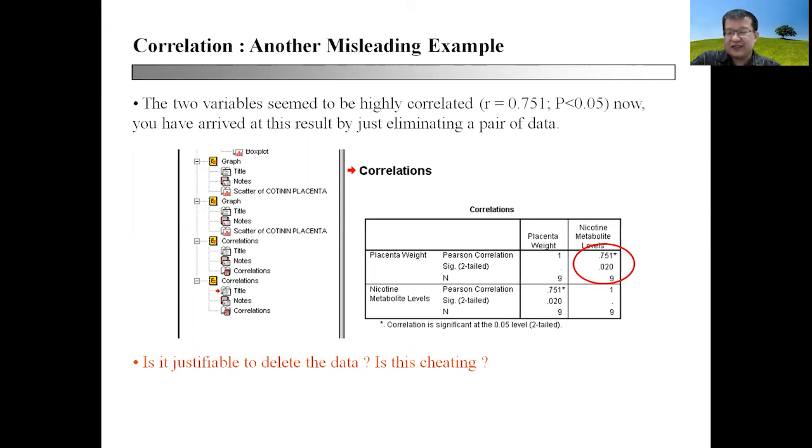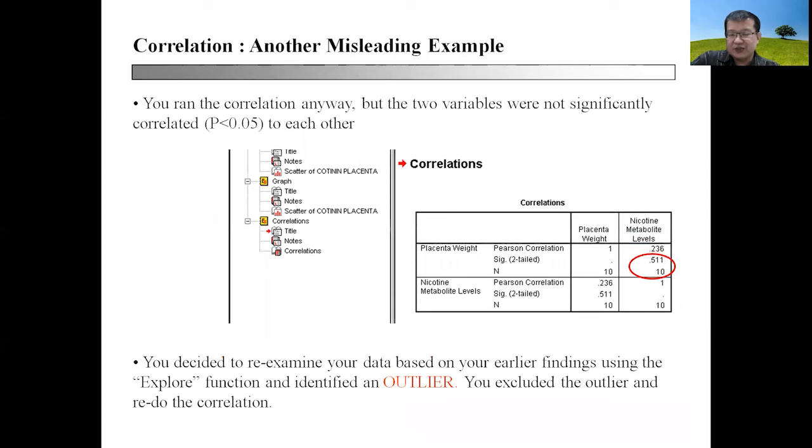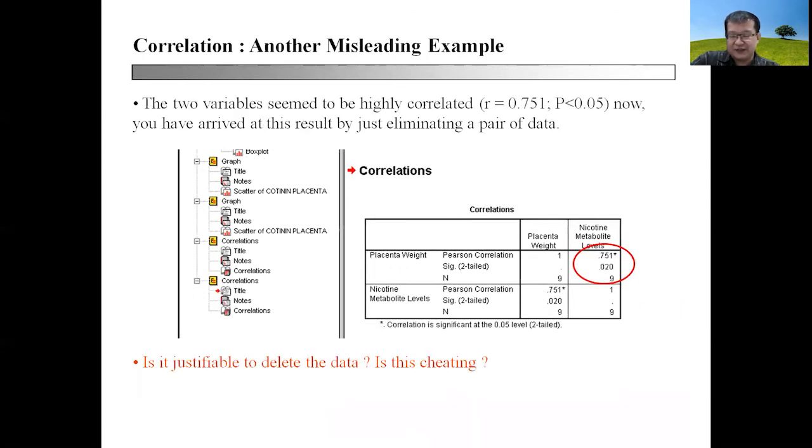So in this case, it is below 0.05, meaning that this correlation coefficient is statistically significant at 95% confidence level. And looking at the Pearson's correlation coefficient value, it tells us that the relationship is rather strong. So you can see, just by deleting one pair of data, we can change the correlation coefficient from non-significant, indicated here, to significant, indicated here.